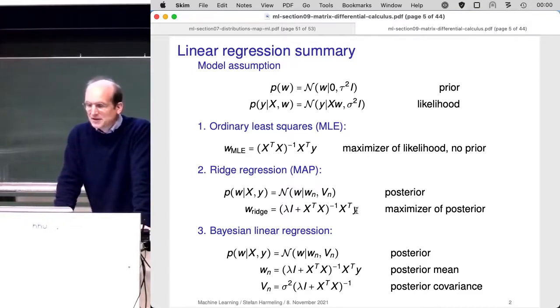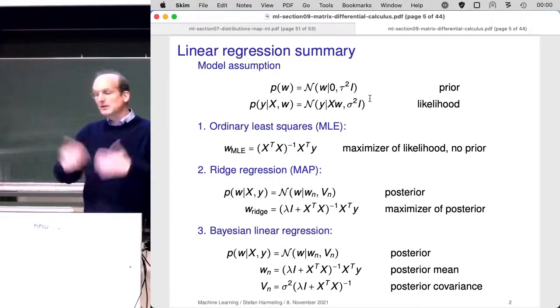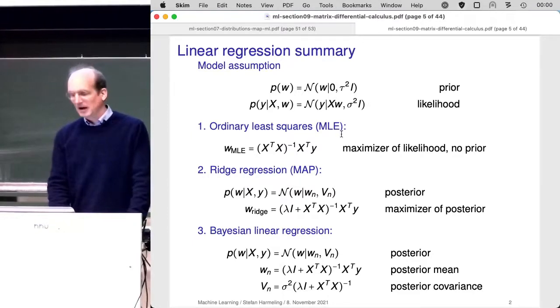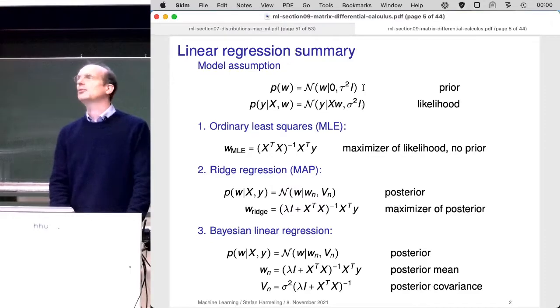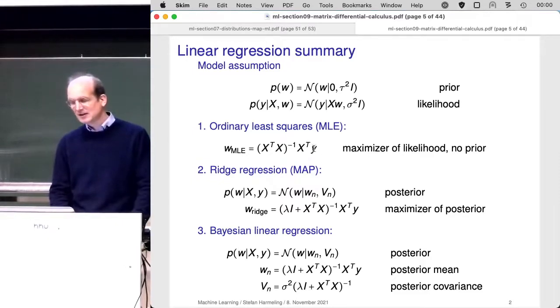Good, so linear regression summary. There were certain model assumptions, and I've tried to write them down very uniformly so that we can derive different methods from it. Having a Bayesian head-on, we also claim there is a prior on our parameter. Of course, if you do classical statistics, you never would formulate it like that. At the end, you would say, this is the solution.